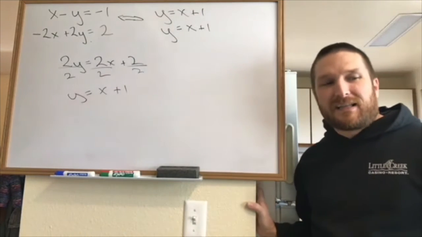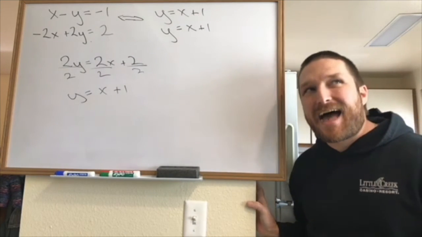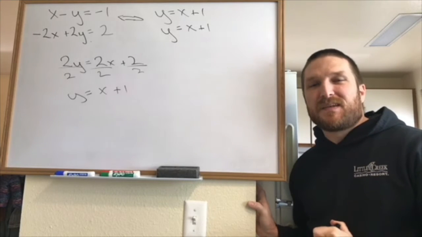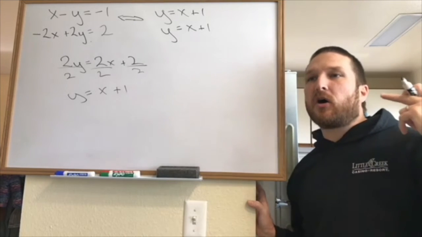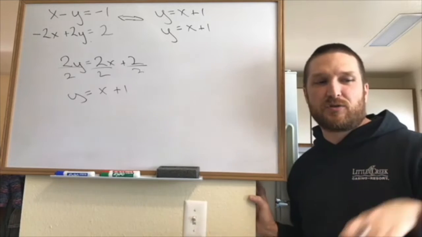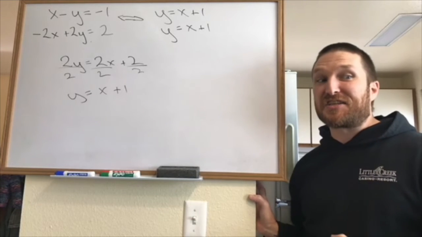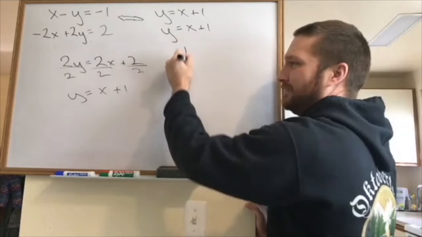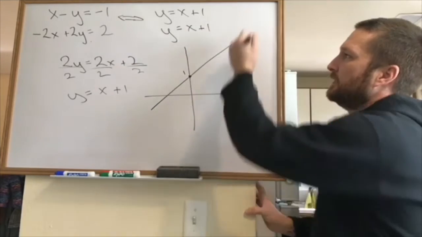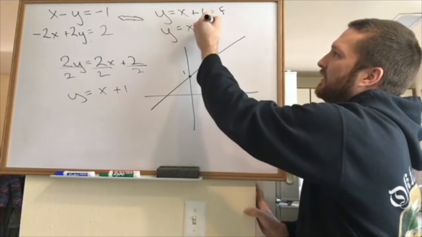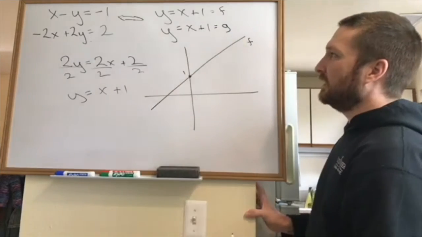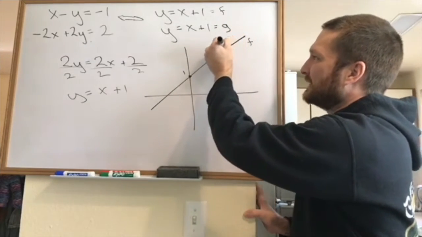So they're parallel lines, but they happen to be the same line, right? We don't want to get it in our heads, oh, parallel lines, that means no solution. Well, unless it's the same line, in which case, I'm just going to go ahead and graph this. That is my F. And then if I wanted to graph my G, well, it's the same exact line, right?